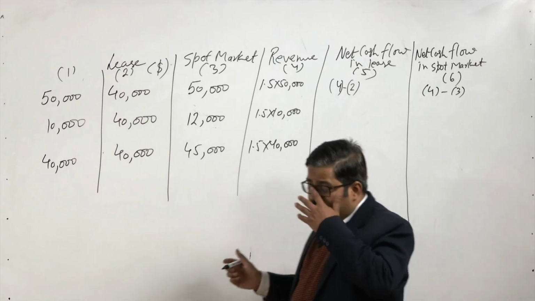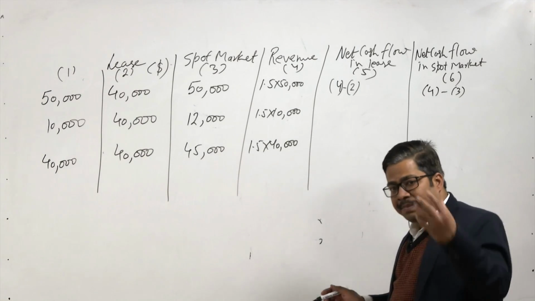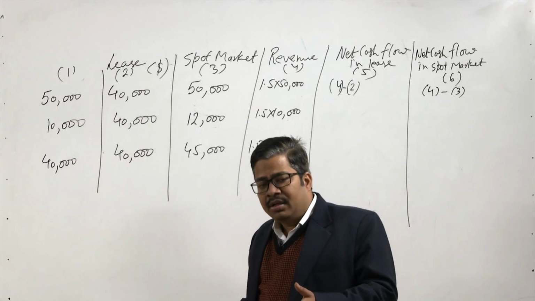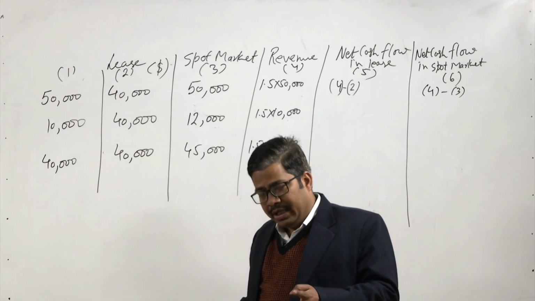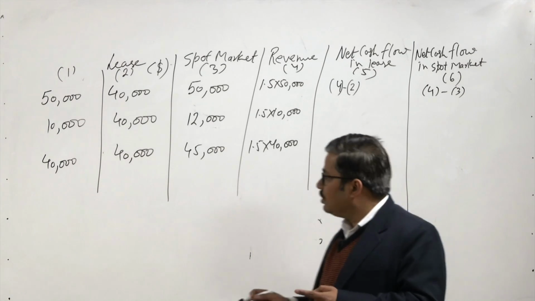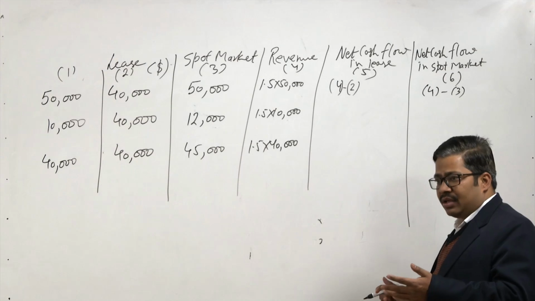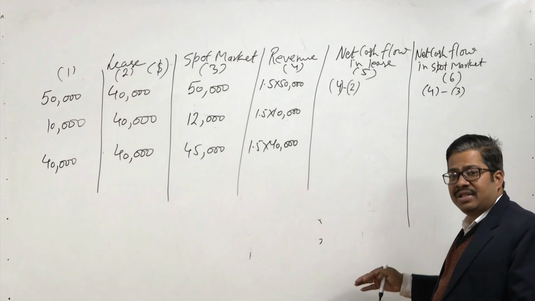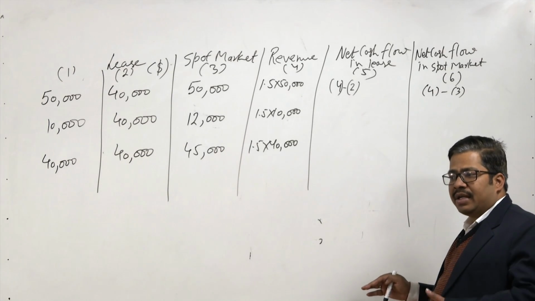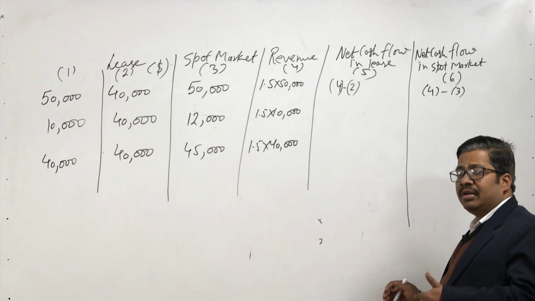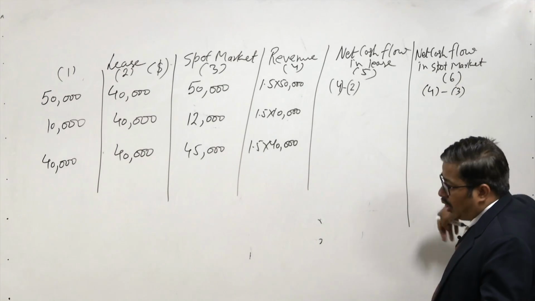But because I am able to optimize my space requirement in the spot market, which I am not able to do in the lease market, on the basis of this net present value calculation of all my future streams of cash flow, I can take a decision that yes, it is more profitable to have a spot market.